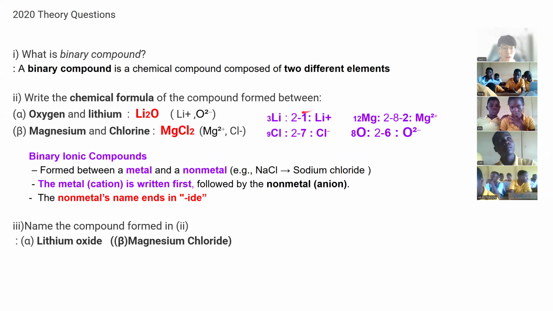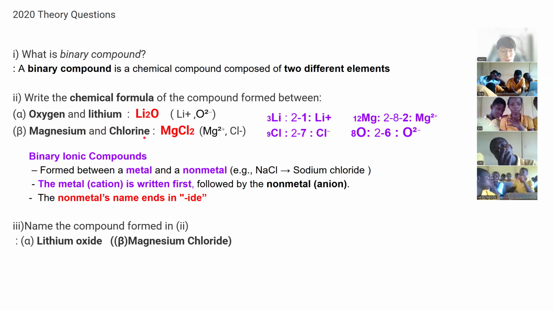Similarly, oxygen has 8 electrons, so 2, 6, and it needs to gain 2 electrons to form a 2, 8. Since lithium has 1 plus and oxygen has 2 minus, we need 2 lithium ions. So the ionic compound that forms is Li2O.